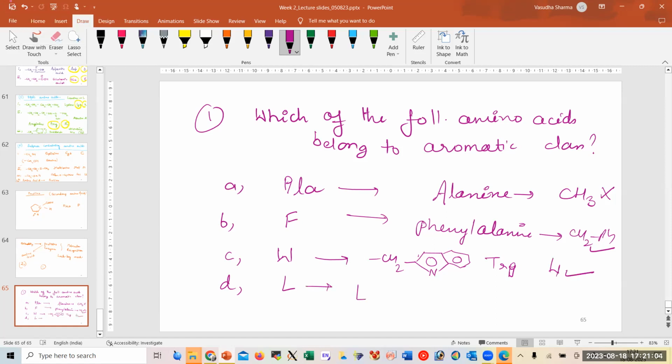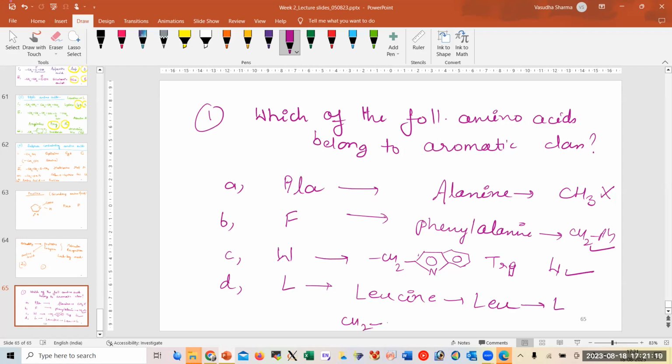And this is leucine, which has CH2 with an isopropyl group. So only options B and C are correct. In this manner you will be getting questions in your exam.